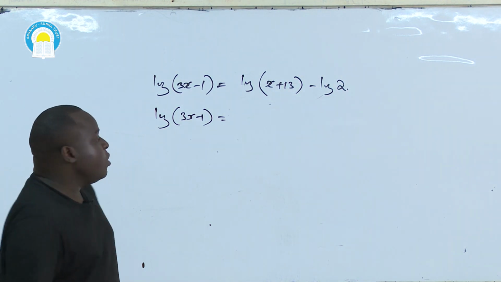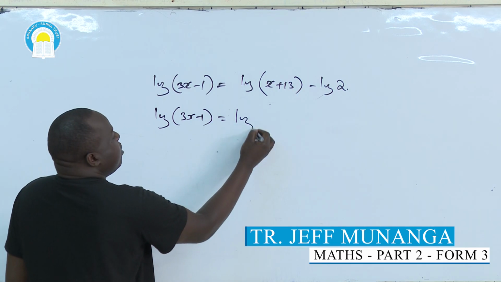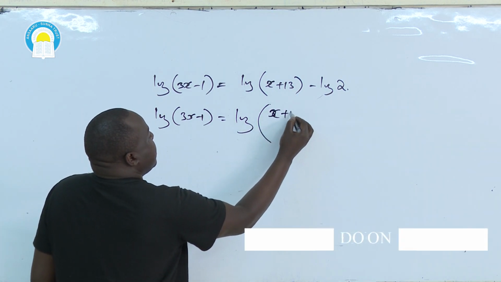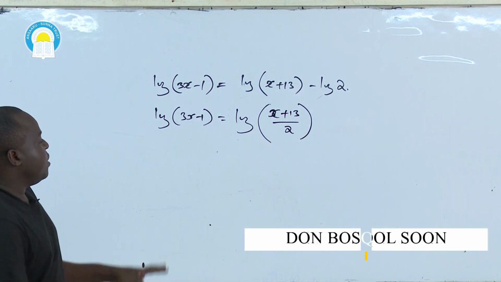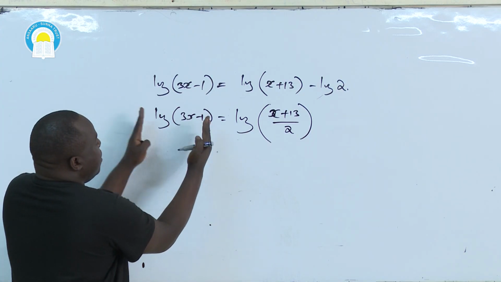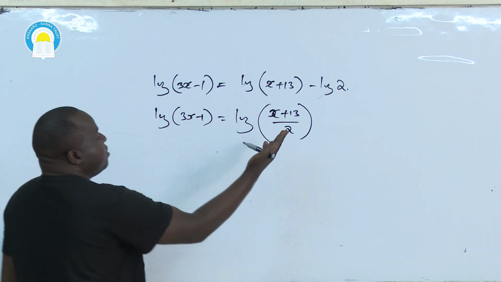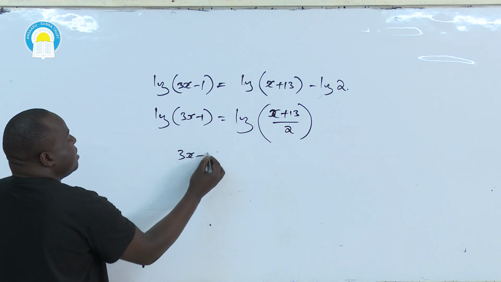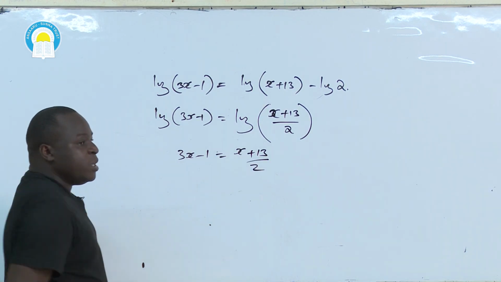Remember the second law, so written as a single log it will be log of (x plus 13) divided by 2. Now, once you have one log on the left and one log on the right, get rid of the logs, then work out the values. This leaves you with 3x minus 1 equals (x plus 13) over 2.